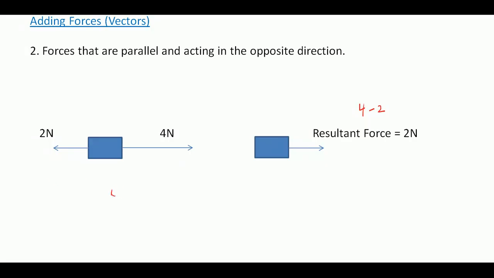So if you had an object here and we had 2 Newtons and, let's say, 6 Newtons acting in this direction, the resultant force will be in the direction of the force of greater magnitude, which is the 6 Newtons, that is to the left, and we have to subtract. So 6 minus 2 will give us 4 Newtons. So the resultant force in this case would be 4 Newtons.